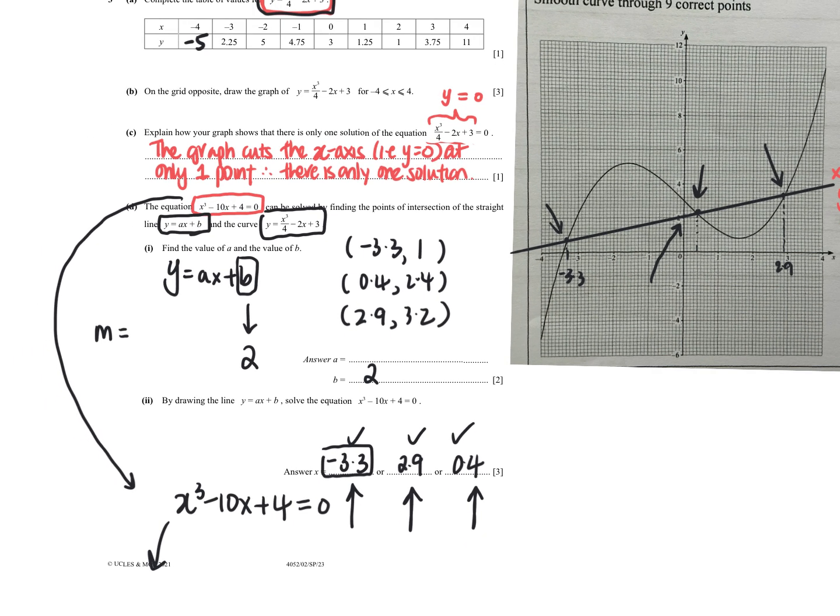So gradient will be y2 minus y1 over x2 minus x1. Then you get the gradient value. The y-intercept B is where it cuts the y-axis at 2. So your gradient here is about 0.4.